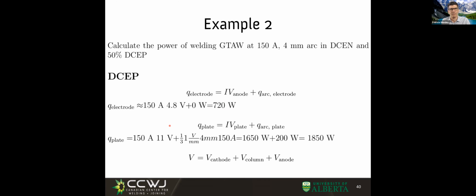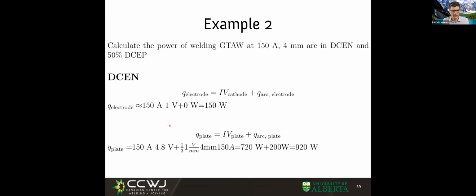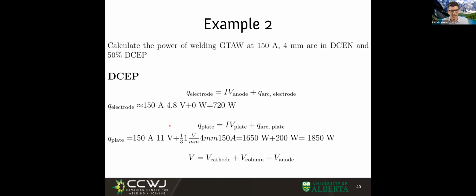Because before, in electrode negative, the plate was an anode at 4.8 volts, but now with the electrode positive, the plate becomes a cathode at 11 volts of cathode fall voltage, right? This is for pure argon, right? It's a lot more power.